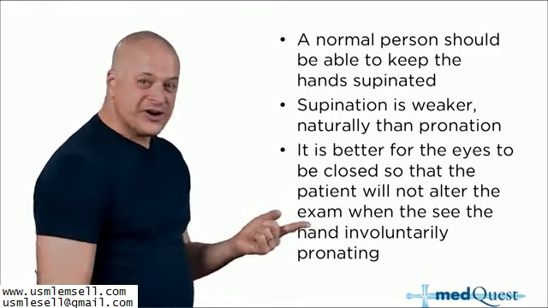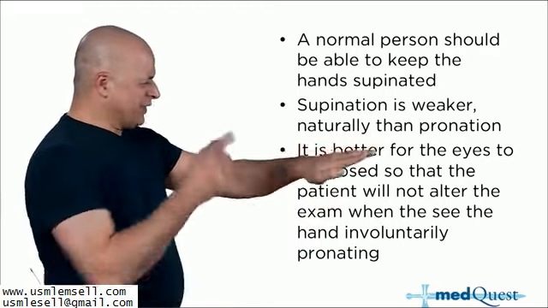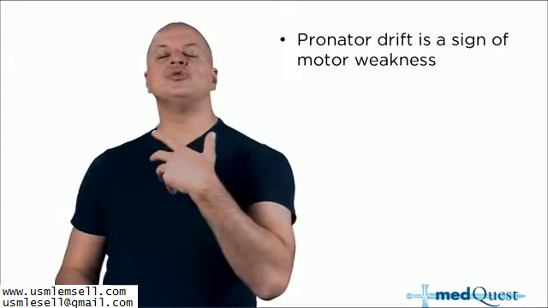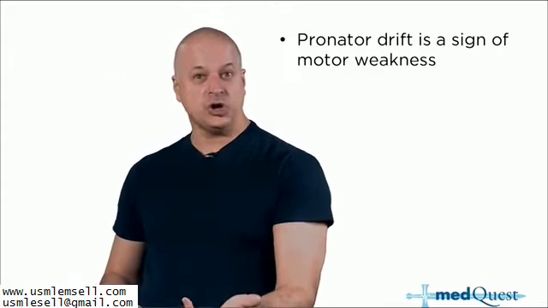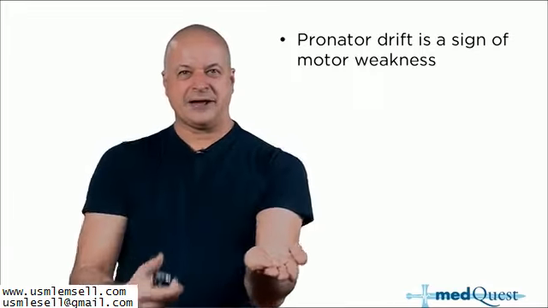You close your eyes because if the person saw their hand turning over, they'd say, what are you doing? Get back to where it belongs. So you've got to keep the eyes closed so you're not seeing the hand turn and then you force it back.